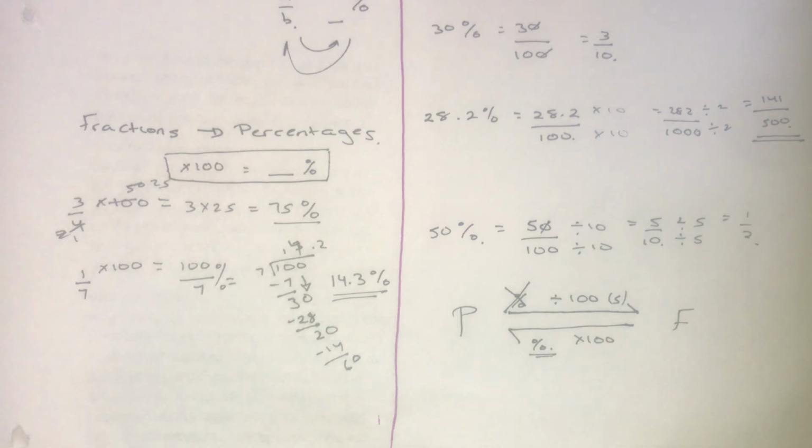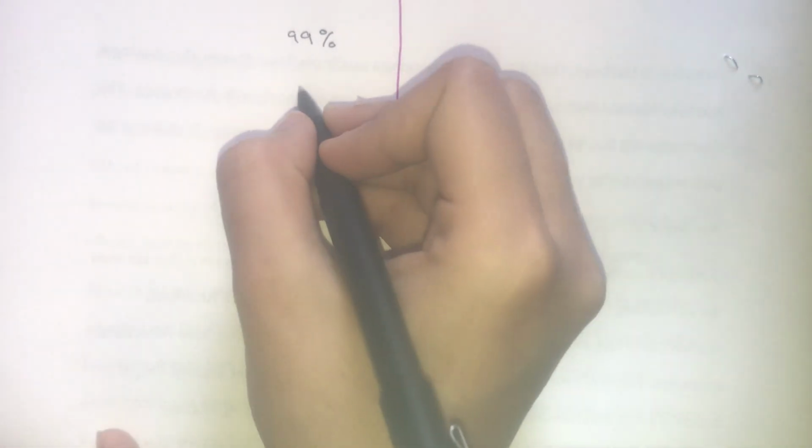I know these were some examples, but I want you to do some of them on your own. Pause the video, copy down the questions that I'm going to write now, and you can come back to the video to see the answers and check if you've got them right. So our first examples are 99% and 64%.